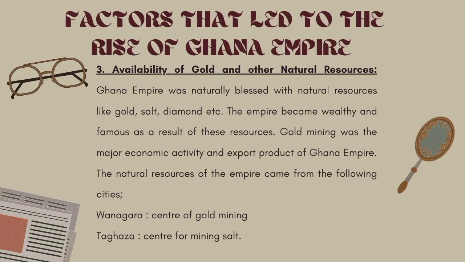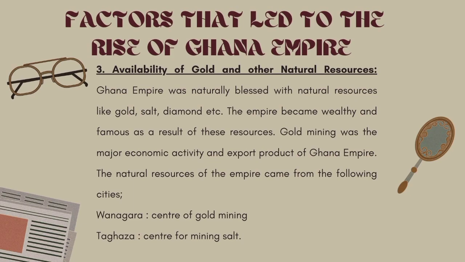Number 3 we have is availability of gold and other natural resources. Ghana Empire was naturally blessed with natural resources. That means gold and other natural resources were readily available in Ghana Empire. As a result, the empire became wealthy and famous.